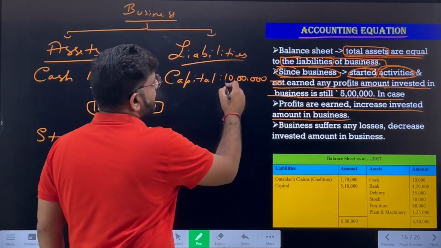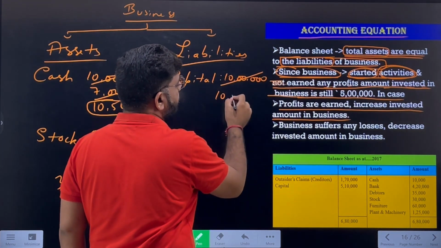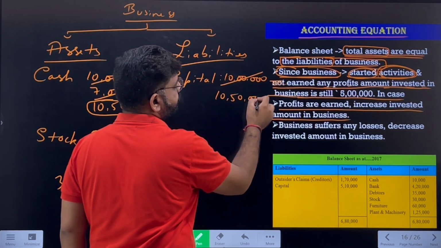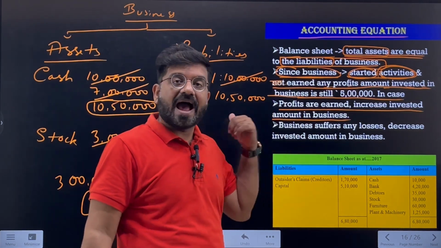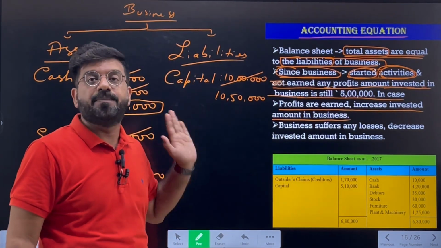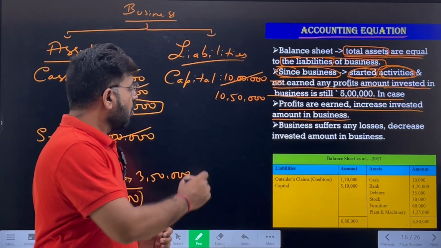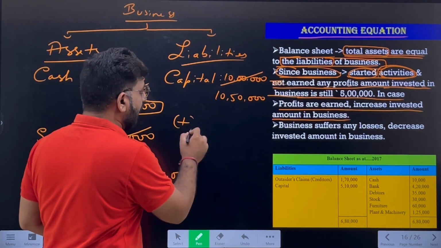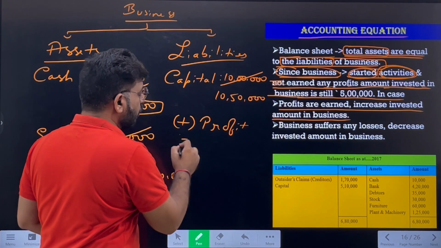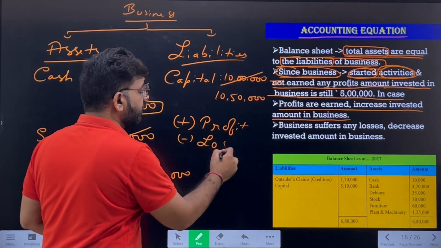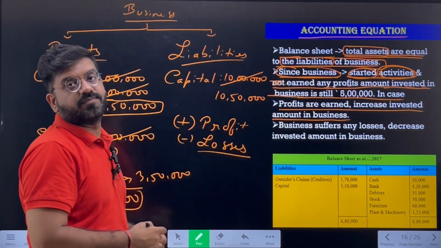So what happens? This capital will now become 10 lakhs 50,000. The profits or the losses are to be added or subtracted in the capital itself. I repeat, all the profits are added up in the capital and all the losses are deducted from the capital itself.